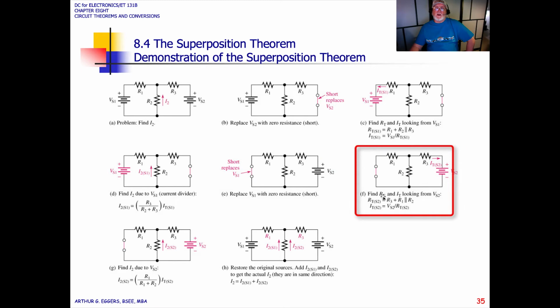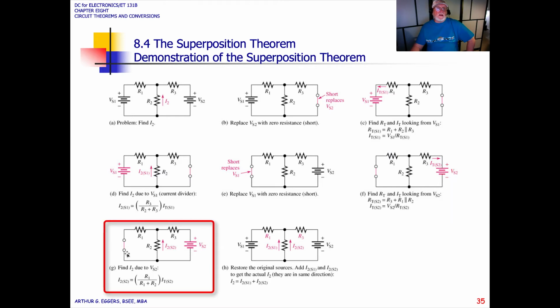We find R total and I total looking from V source 2, such that R total is R1 and R2 in parallel, added to R3. So I total for source 2 is equal to V source 2 divided by the total resistance from V source 2.